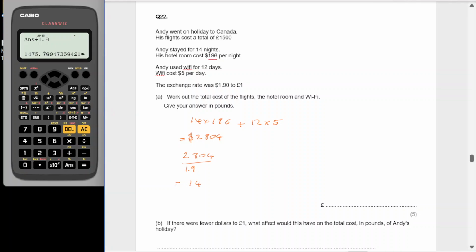Gives us 1,475.789... pounds, and to that we're going to have to add on the price, plus 1,500 for the flight. So that gives us £2,975.79 pounds.